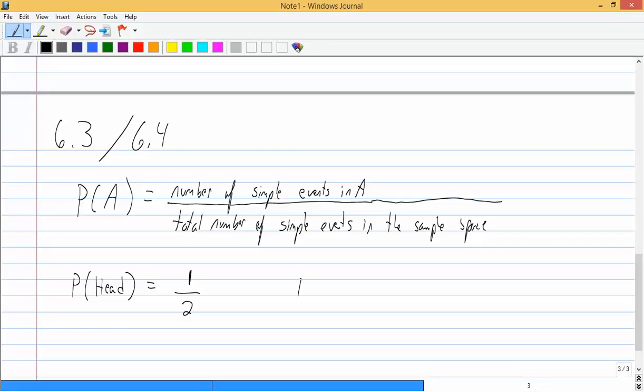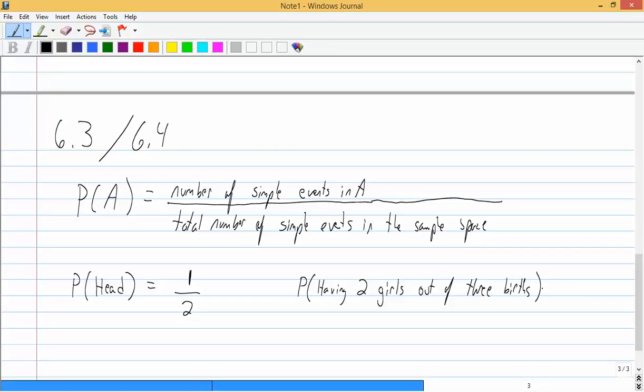Now, what if I wanted to know the probability of, let's say, having two girls out of 3 births?